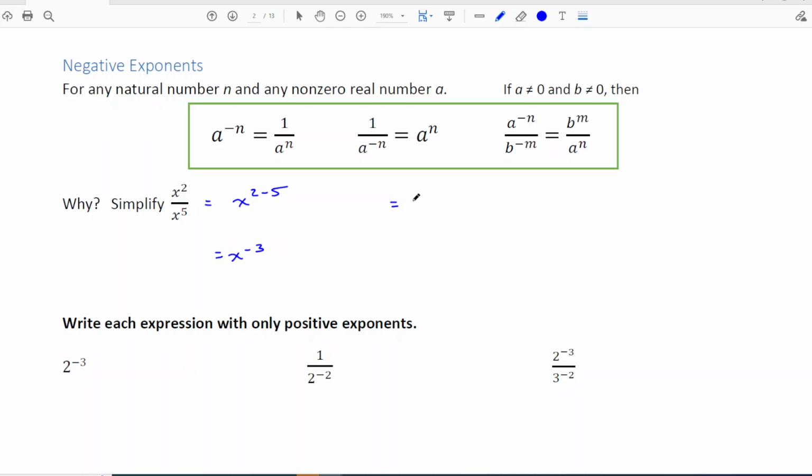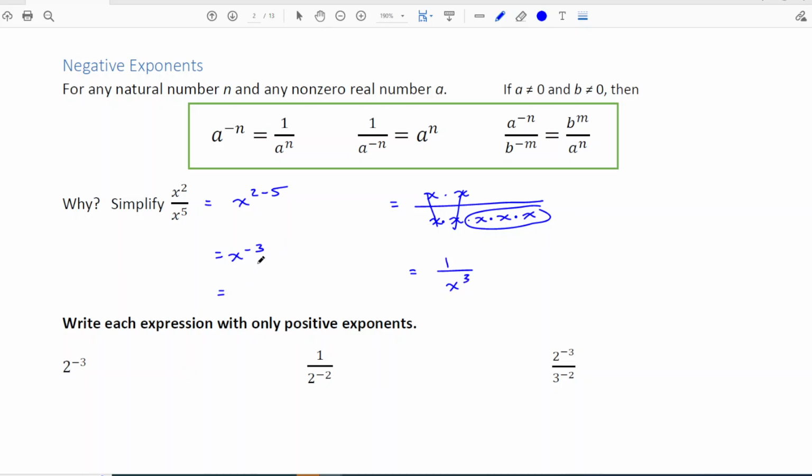Well, because if I was to draw this out, x squared is x times x, and x to the 5 is x times x times x times x times x. Those two x's are still canceling out, but there was more x's in your denominator. So there is actually more x's in my denominator than there were in my numerator. So I have a deficit of 3 in the numerator because they should have been dividing, right? They should have been in that denominator.